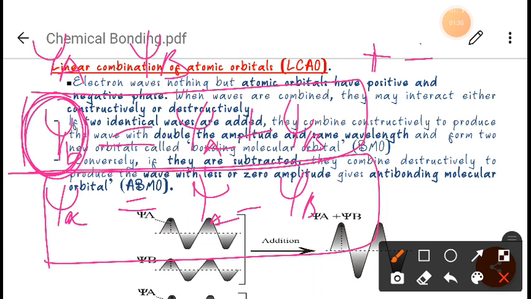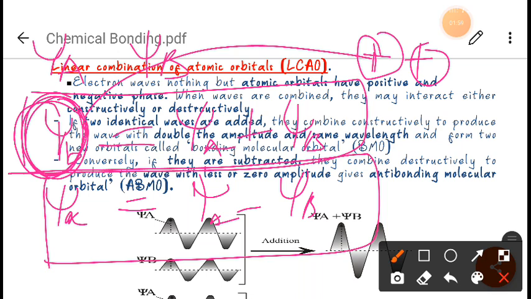The bonding orbital is obtained when there is plus plus, which means the crest and crest regions of both s orbitals overlap along the internuclear axis.